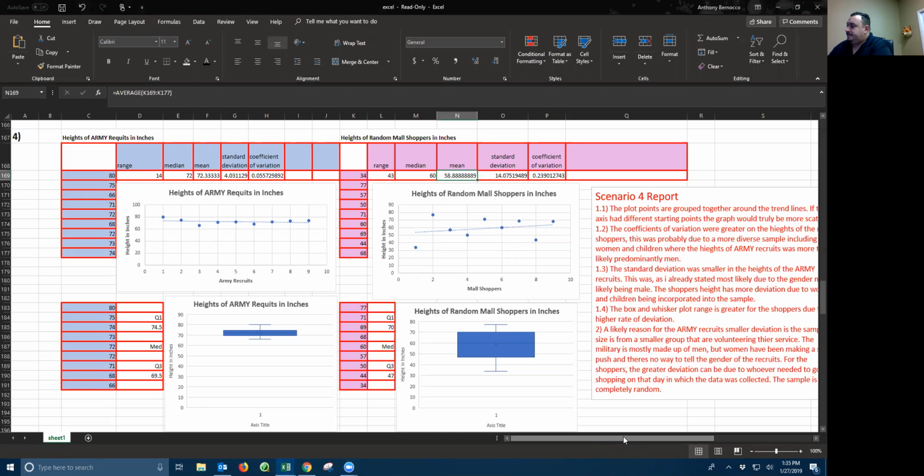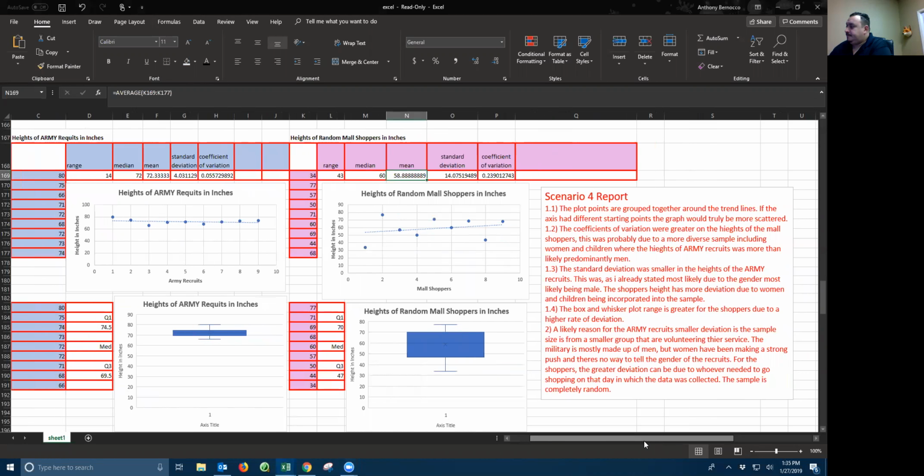So the standard deviation in the Army recruits is much less than the standard deviation of the shoppers.